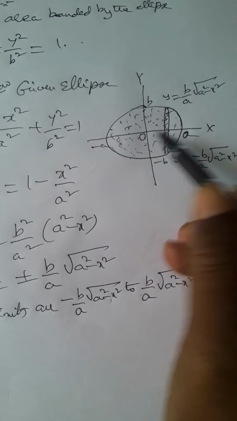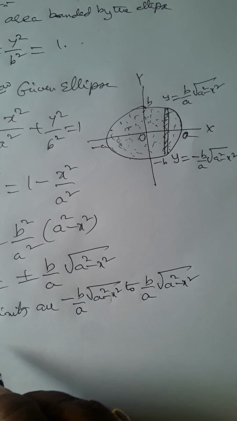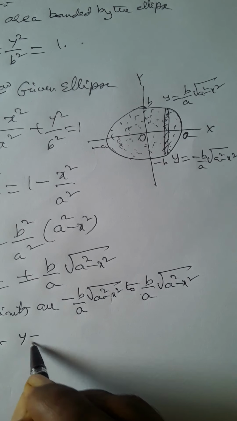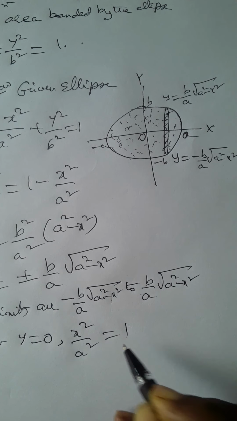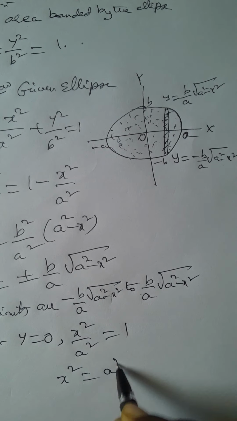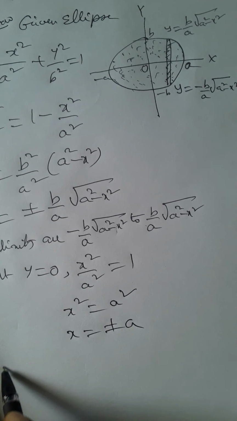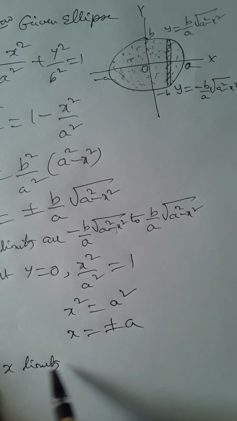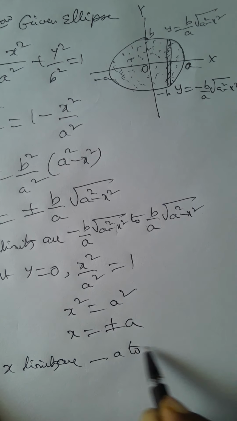The x limits are minus a to a. Or put y is equal to 0 in the ellipse equation: x square by a square is equal to 1, x square is equal to a square, x is equal to plus or minus a. So the x limits are minus a to a.